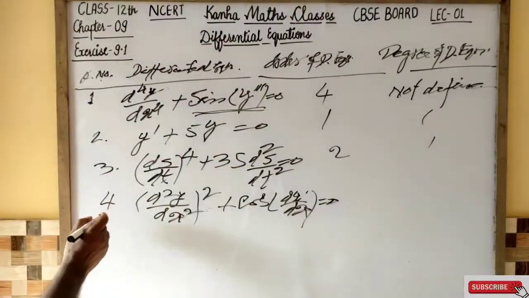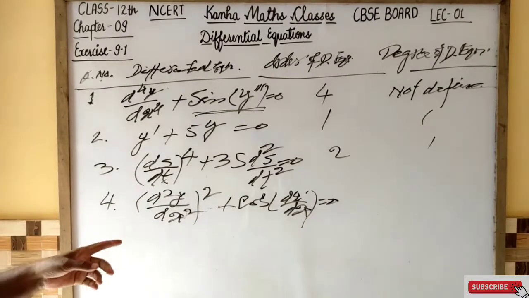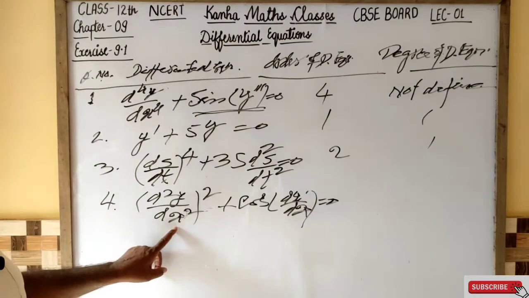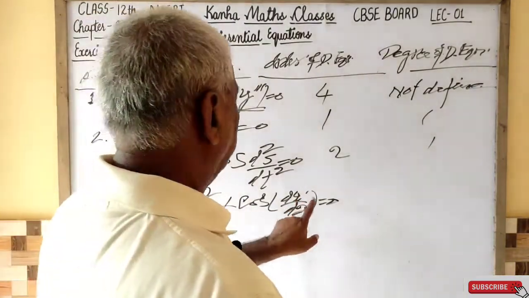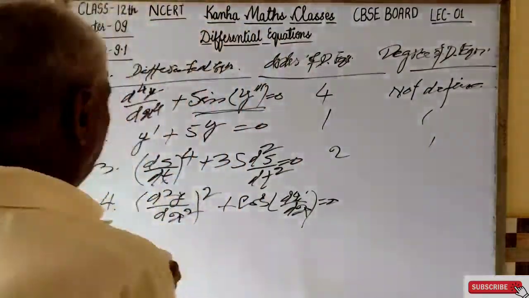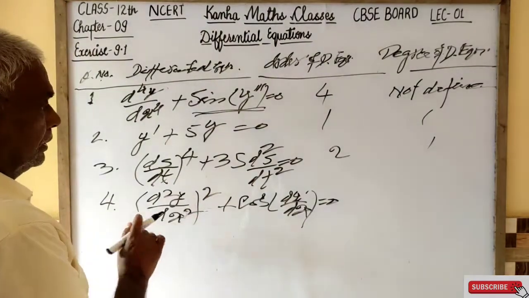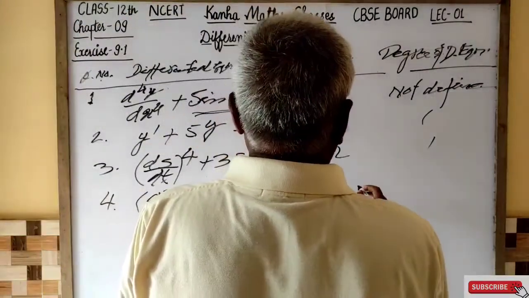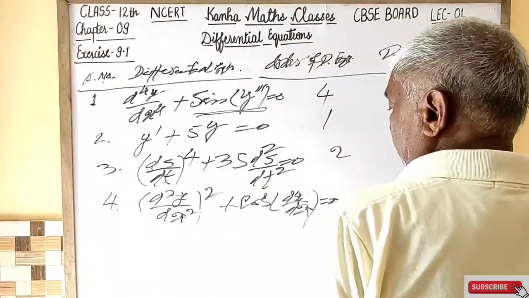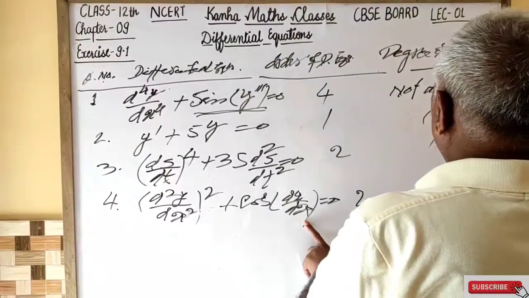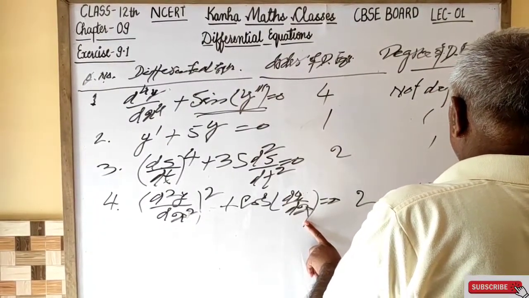In this differential equation, that is in question number 4, we see (d square y dx square) whole square plus cos of dy by dx. Here the highest order derivative is of second order. The order of the differential equation is 2, but the degree is not defined, so it will be written here not defined.